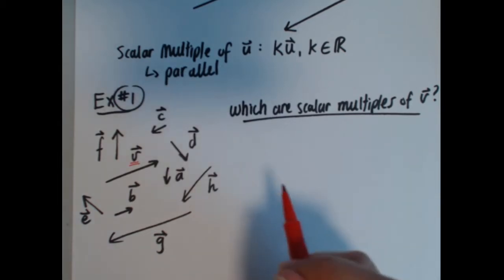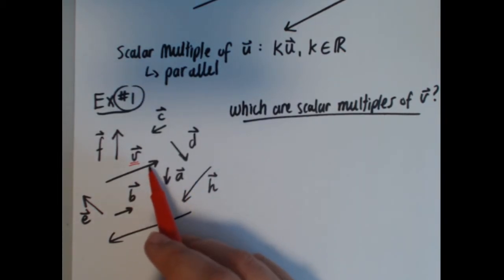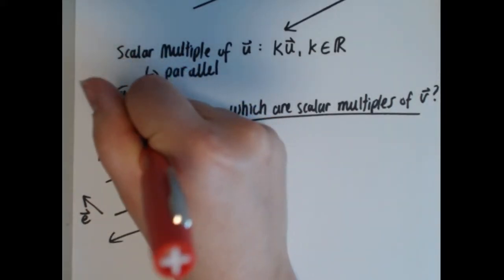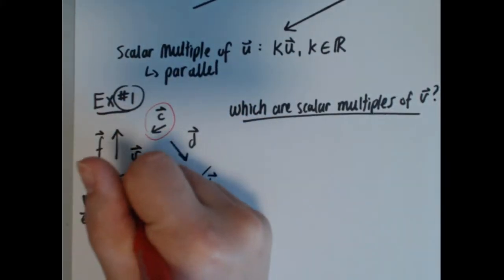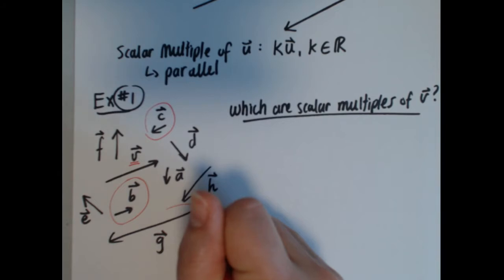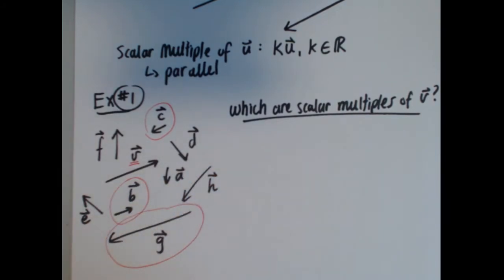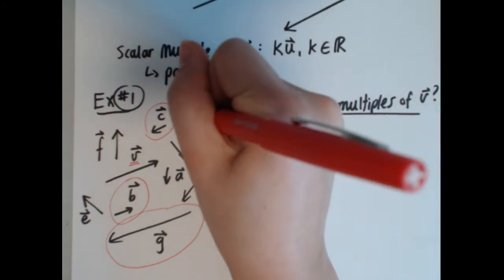What I find is that the only vectors parallel to v are c, b, and g. Those 3 are parallel. Two of those vectors, c and g, are going in an opposite direction, so these 2 would have k values that would be negative.